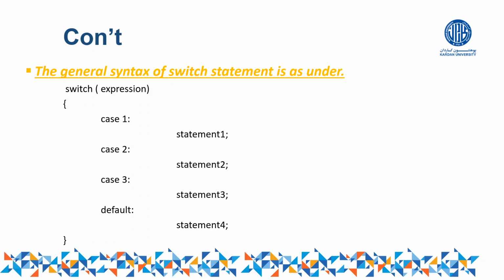If none of these cases match the expression, then default would be executed. It is just like we use else in the nested if else statement: if none of the if conditions is true, then at the end we put else. So this works as default. This default is a keyword.